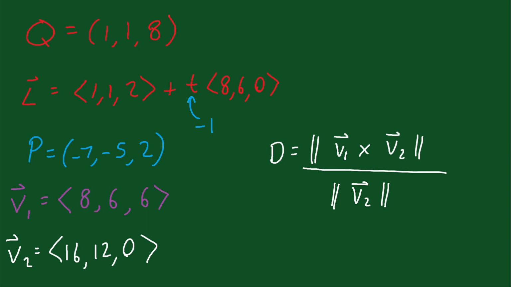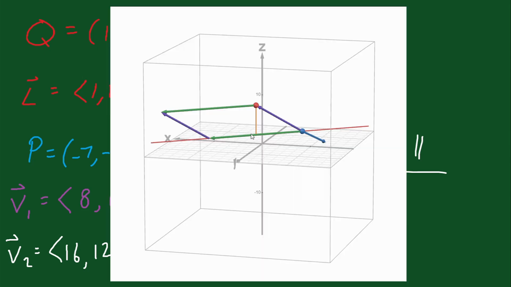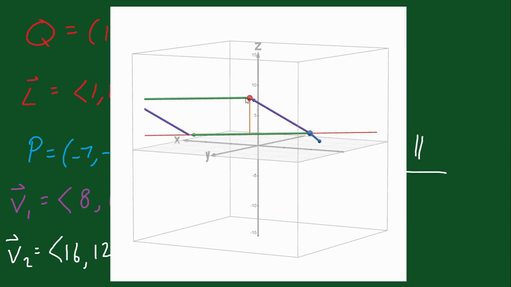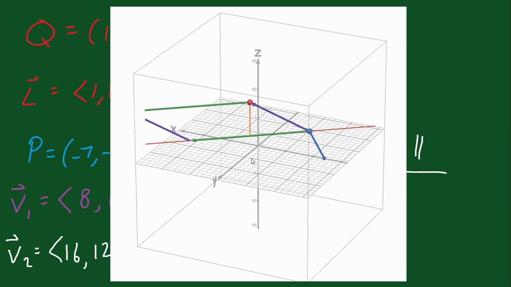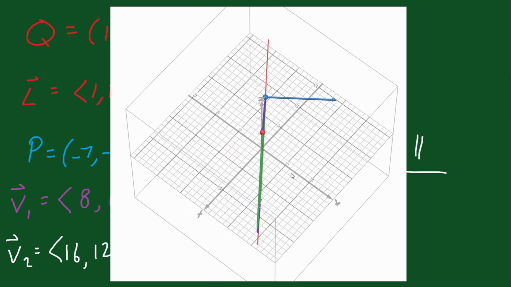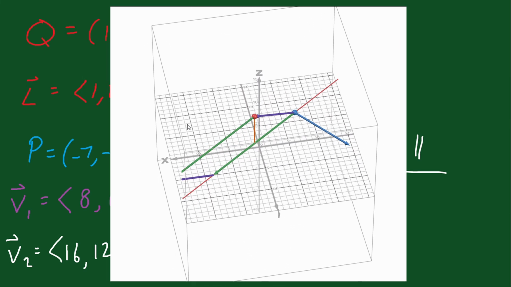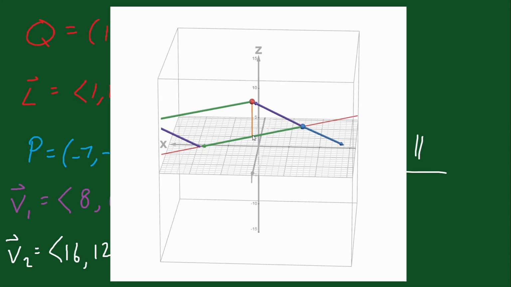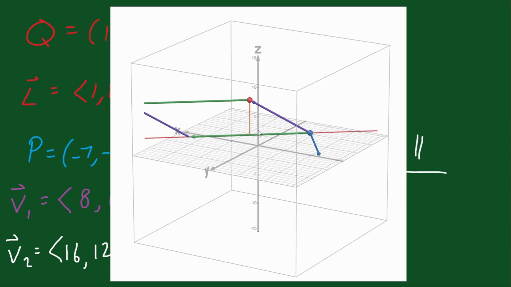So back to our diagram here, this line is at a height of 2, this point is at a height of 8, and that point is directly above the line, right? So if you're looking at this orange line here, it would make sense that it has a distance or a dimension of 6, because down here you're at a height of 2, up here you're at a height of 8, and the xy directions aren't changing, right?